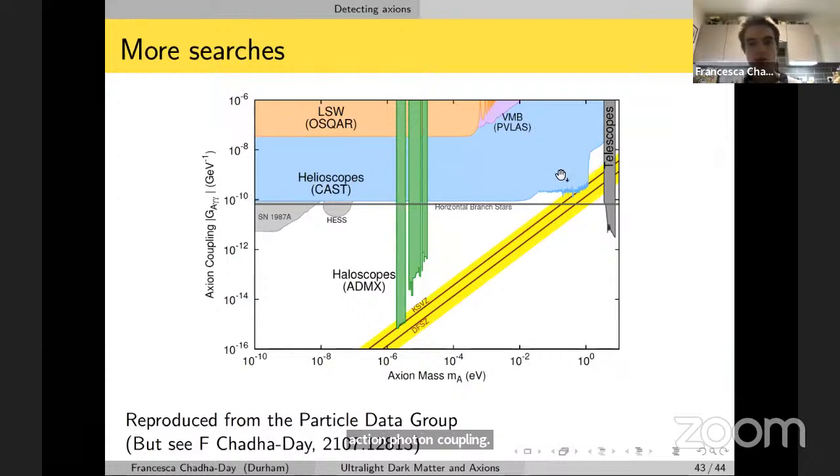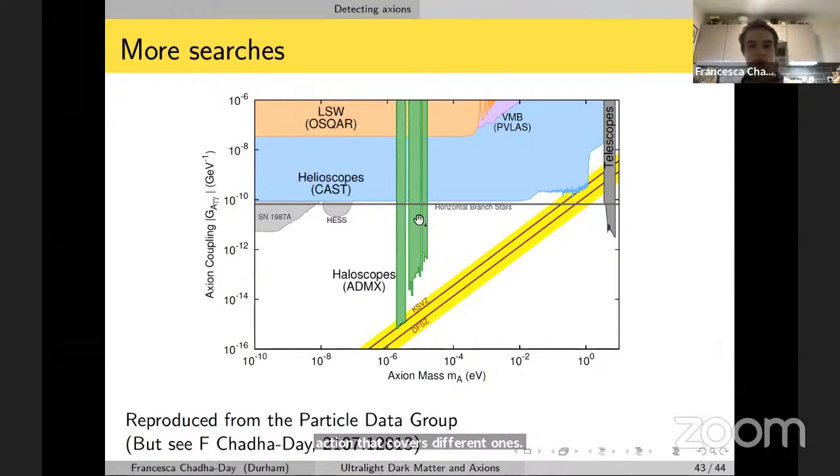All of these points are regions where that coupling and that mass are excluded by some experiment. The exception is this yellow line, which describes where the axion would be if it were the QCD axion, so the axion that couples to gluons. But an axion-like particle from string theory could live anywhere on this plot.